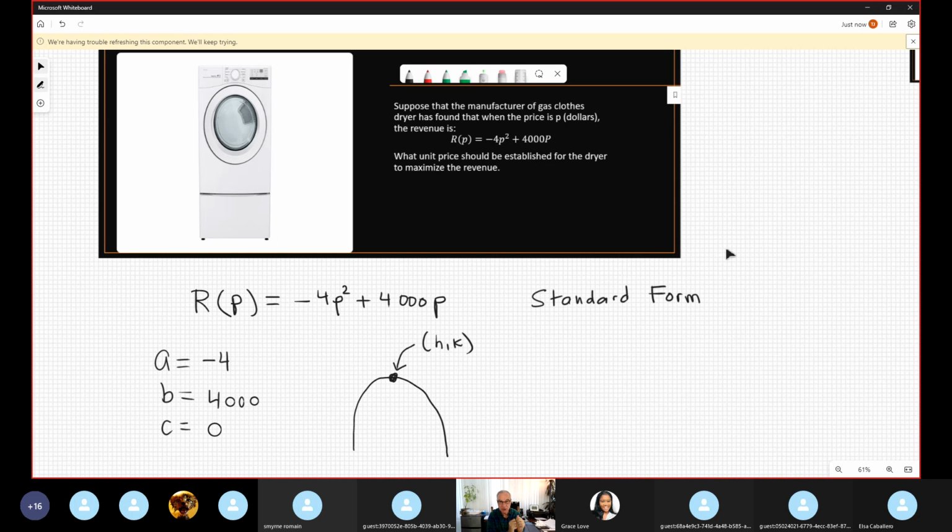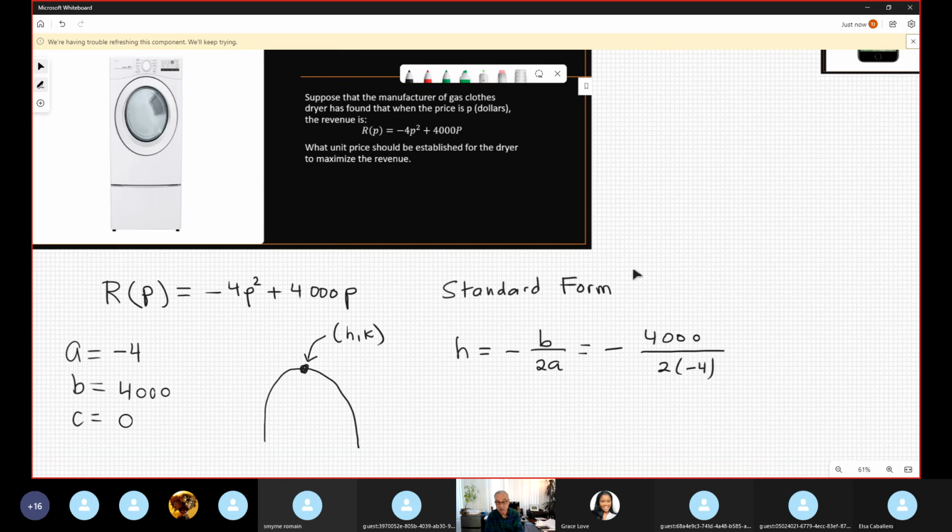What price do you need to establish? And the formula is H is equal to minus B over 2A, right? Entonces la fórmula es minus B, que es 4,000, divided by 2 times negative 4, because A is negative 4. Again, one more time we have a double negative, no?